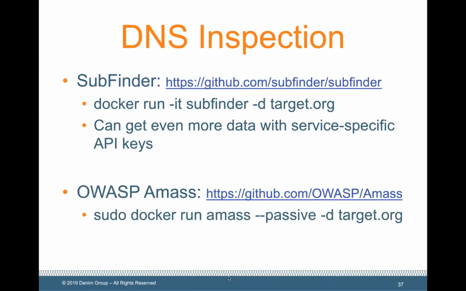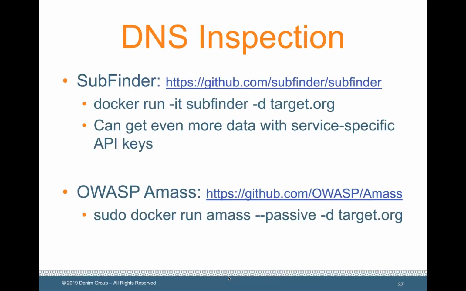Subfinder is looking through things like Ask.com, Archive, Baidu, Bing, Censys, CertDB, and so on and so forth. Amass is doing some basic enumeration and brute forcing if you ask it to, reverse DNS, and so on and so forth, as well as scraping different web archives to look for things that look like host names that are associated with a given domain that you feed to it.